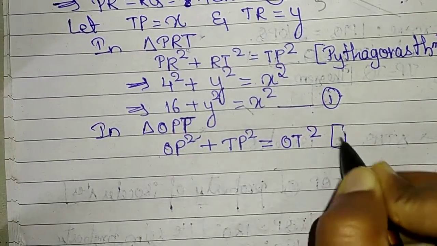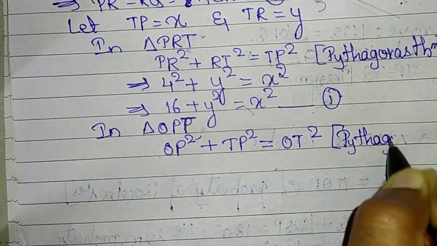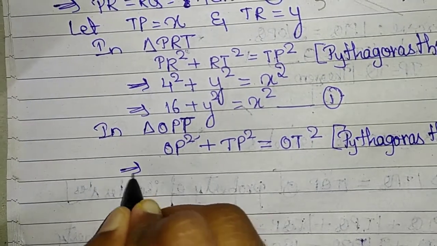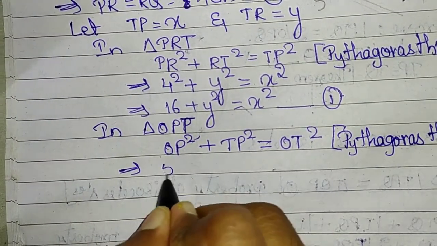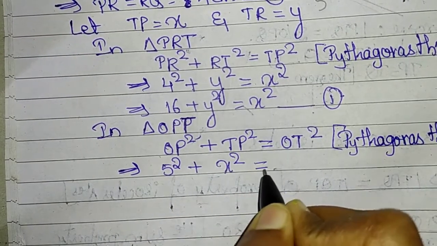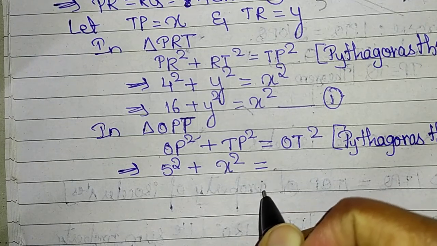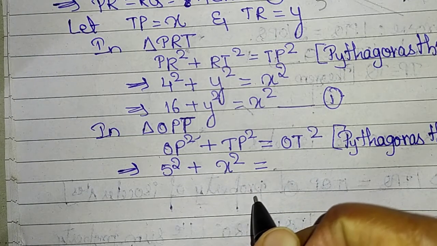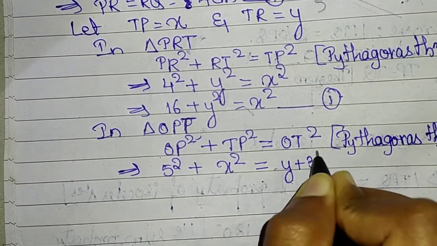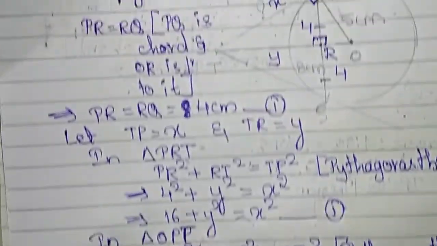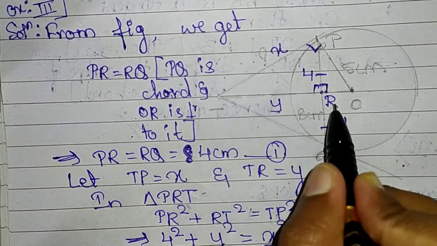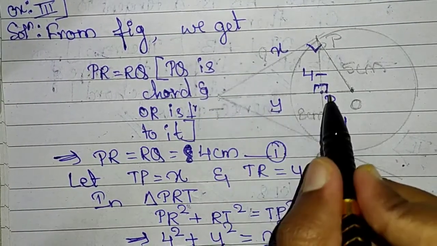Once again using Pythagoras theorem, OP square is 5 square plus TP square is x square, is equal to OT square. The value of OT is y plus 3 centimeters, so y plus 3 whole square, because OT is made up of two parts, TR plus RO. TR is y, whereas OR is 3.